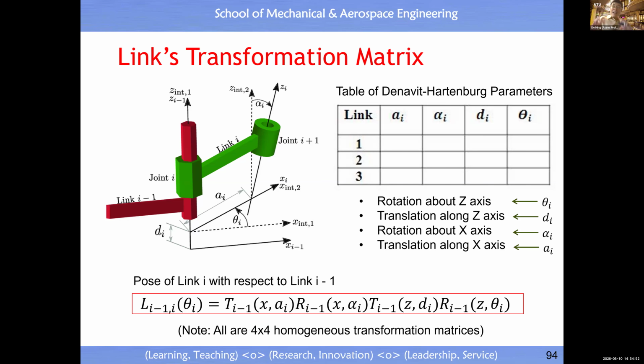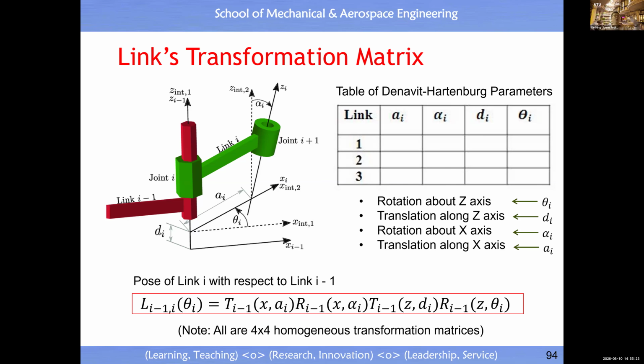Multiplied together, you will get a 4x4 matrix. That matrix represents the position and orientation of link i with respect to link i-1. That means we always talk about where the coordinate system assigned to link i is with respect to the coordinate system assigned to link i-1.